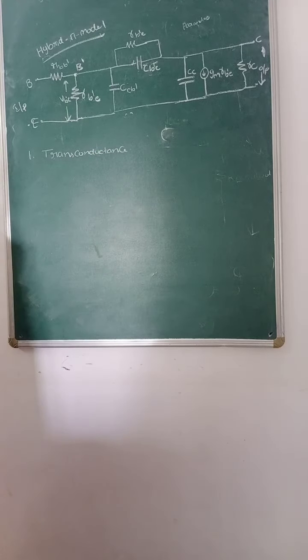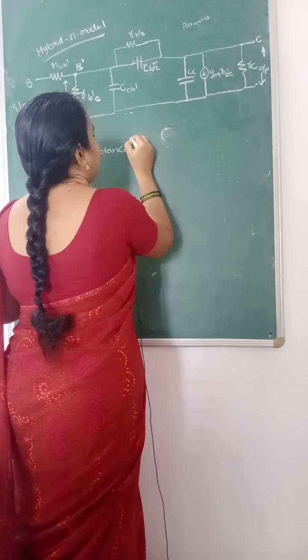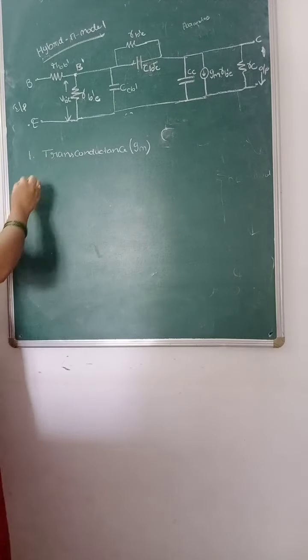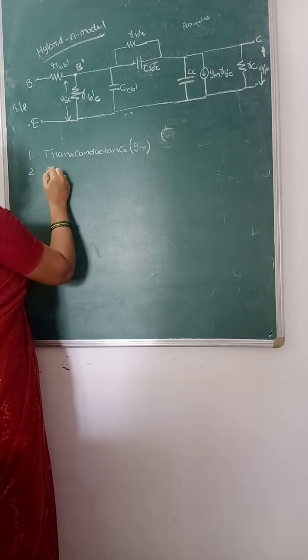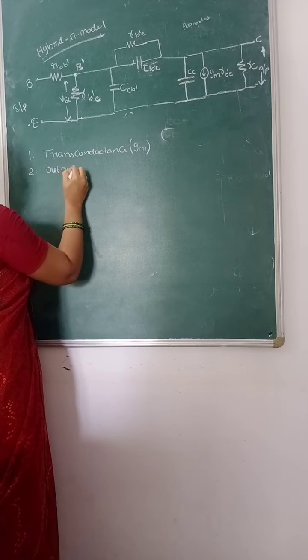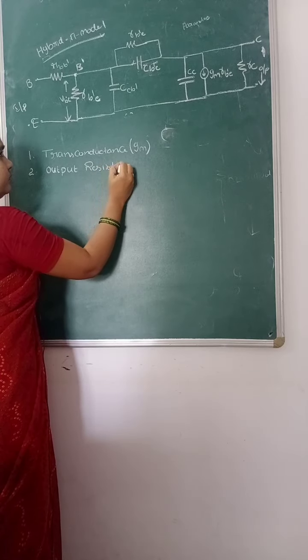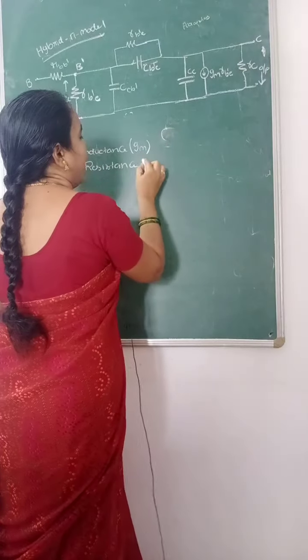So this transconductance is the term called GM. And the second property is output resistance. The output resistance is RC.